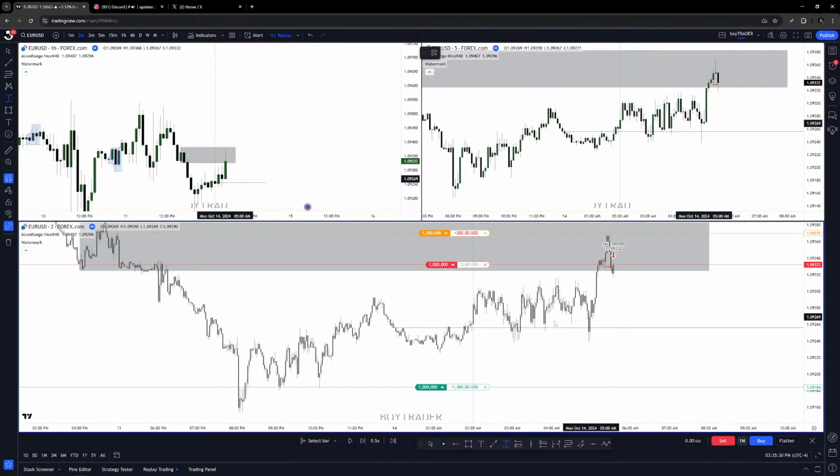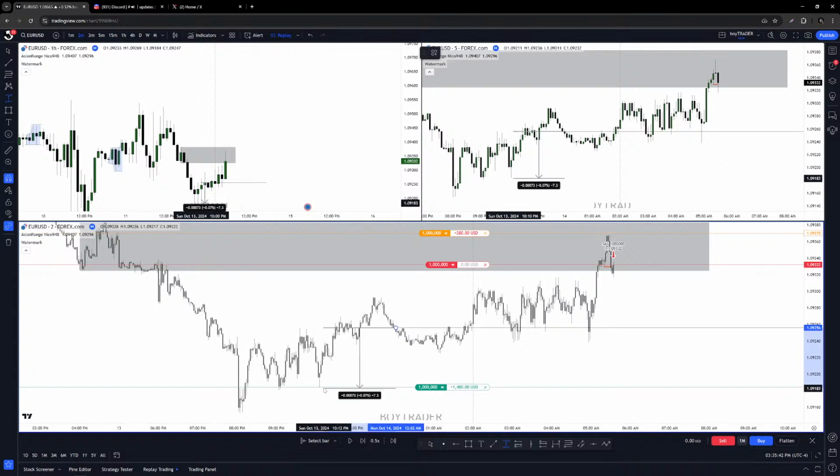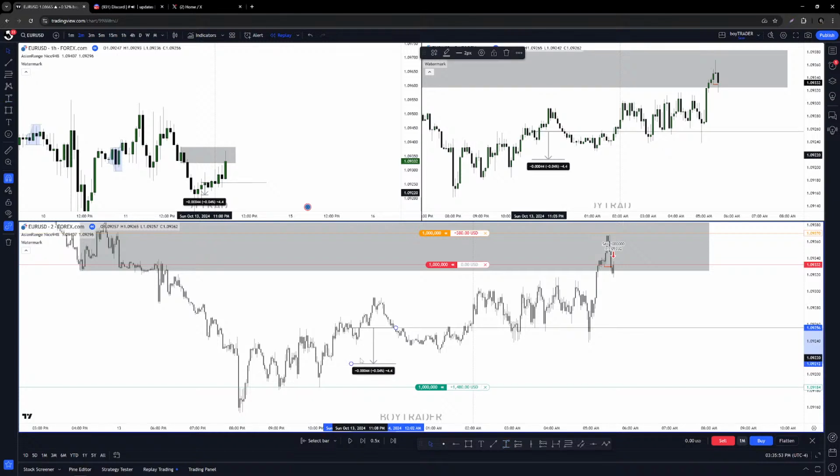So from the midnight opening price, which is this line there, down to this low here, we have just 7 pips. So pretty much going to be an easy run, because the expansion of 7 pips for a day's candle is nothing.